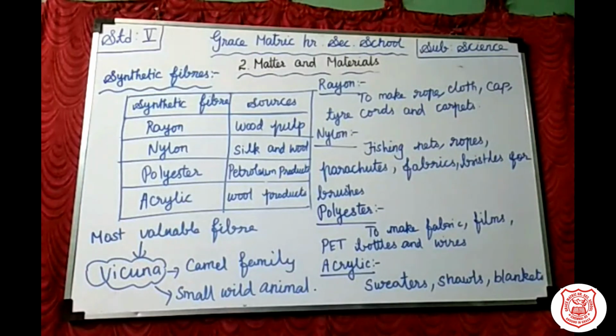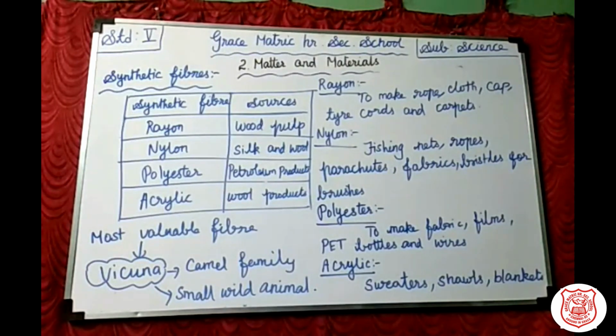Next we will see how these synthetic fibers are used in our daily life. Rayon is used to make rope, cloth, caps, tire cords and carpets. Nylon is used to make fishing nets, ropes, parachutes, fabrics and bristles of brushes.